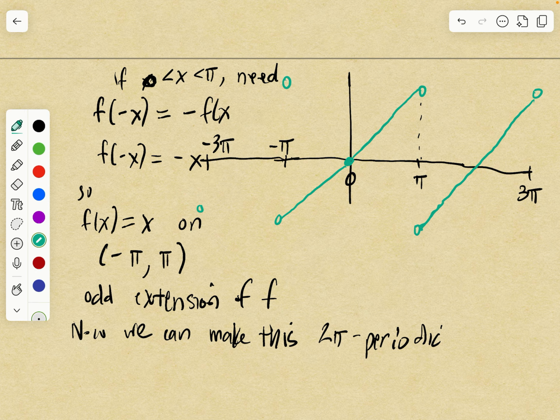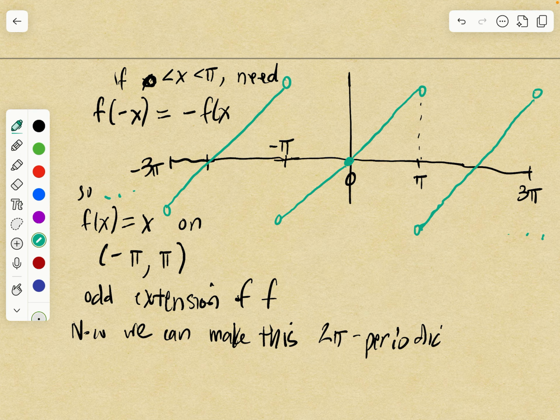I don't have enough space. Maybe negative 3 pi is out here. And so, yeah, something like that, and it just goes on forever.